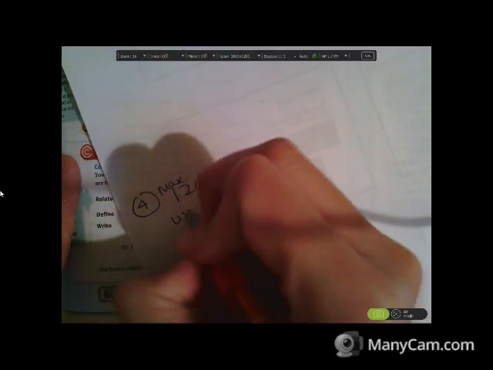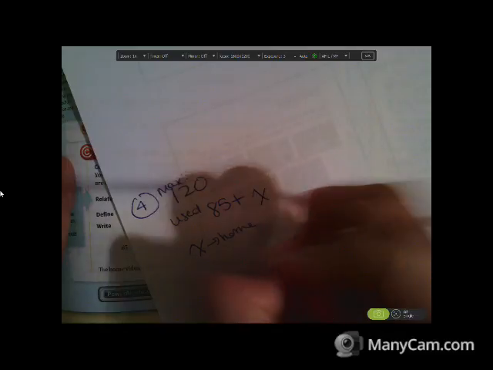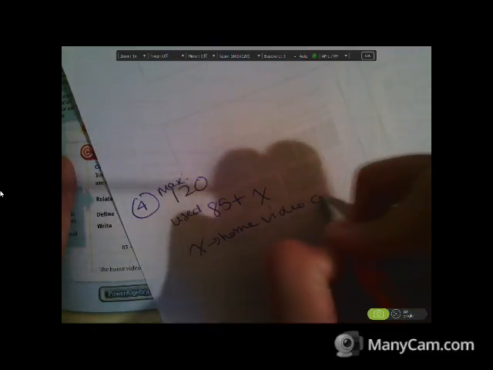So our max is that. We used 85, and we can have some more for the home video collections, where x is the home video collection.